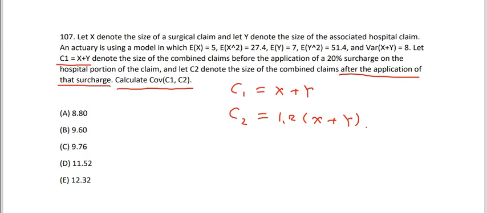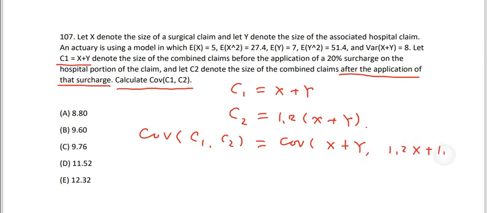So covariance of C1, C2 equals covariance of x plus y and 1.2x plus 1.2y. So this equals just a multiplication like this: x plus y multiplied by 1.2x plus 1.2y.